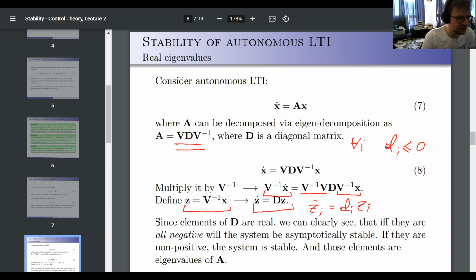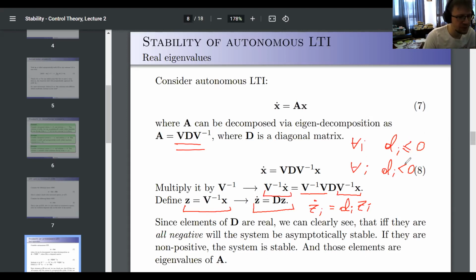That would be criteria for stability. If we want asymptotic stability, then d sub i has to be strictly negative. You understand the difference, right?